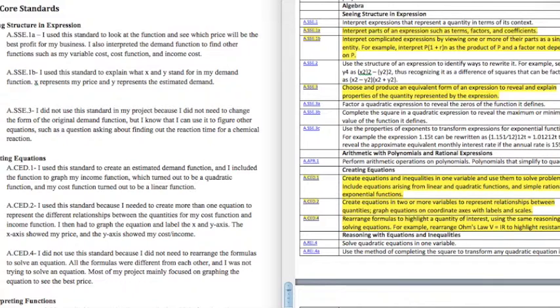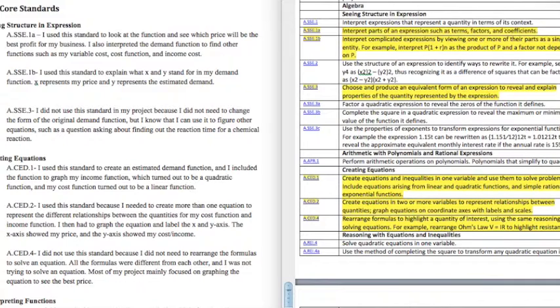I also interpreted the demand function to find other functions such as my variable cost, cost function, and income function, because I had to look at my demand function and interpret the different expressions to find out the other functions and costs.